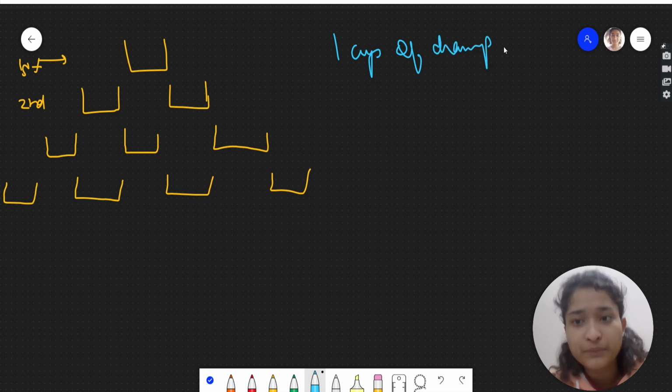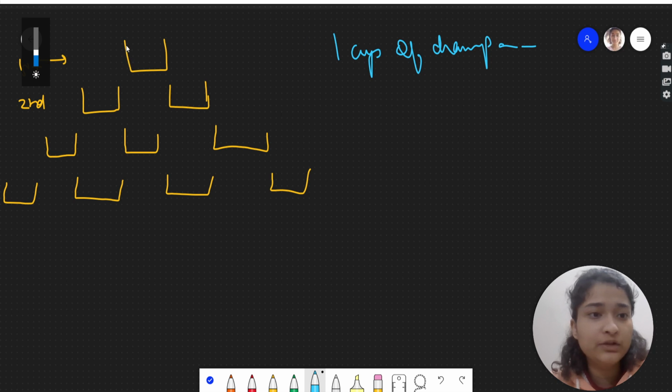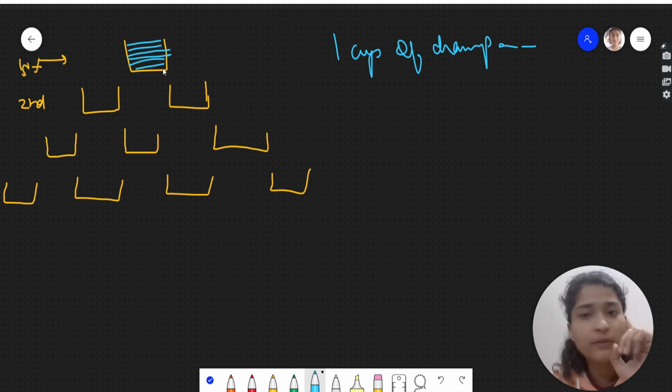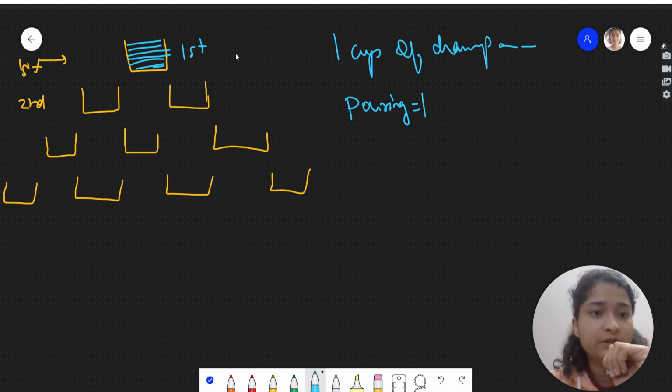So what will happen? This one cup will get stored in this first glass, because this first glass can store one cup of champagne. So this first glass will be completely filled.